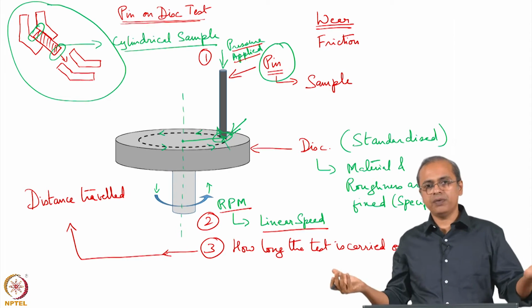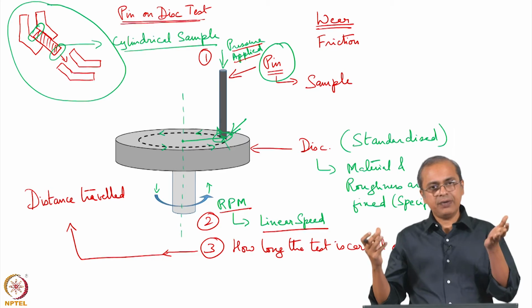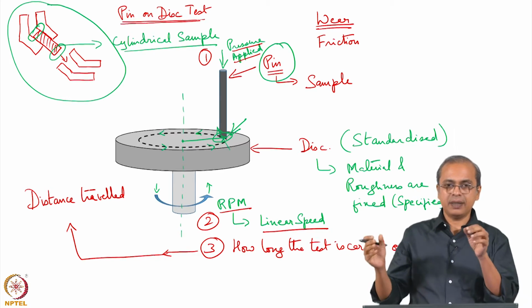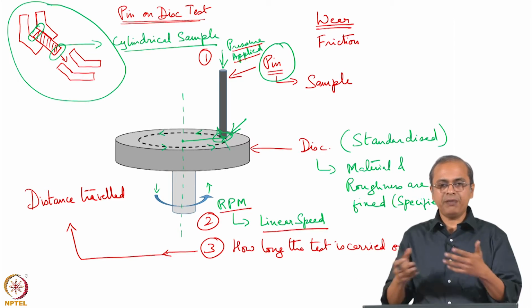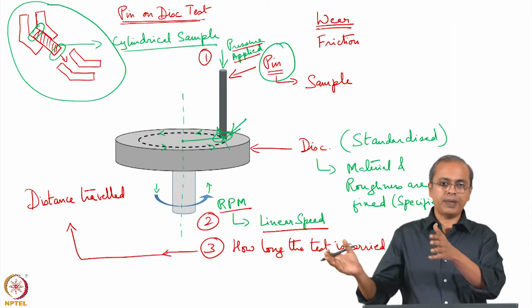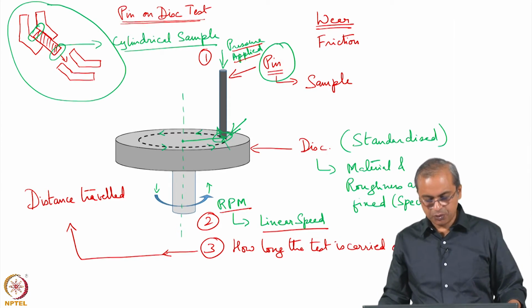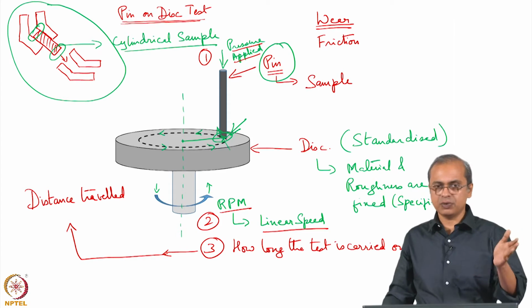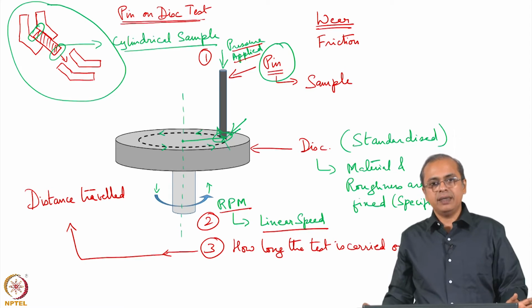So, if it is rotating at 100 rpm, then it has travelled 100 into 2 pi r distance per minute. And so, if you run the test for 10 minutes, you have basically done 1000 into 2 pi r. So, 2000 pi r is what you have done. If r is, let us say, some distance, you multiply this and you will get the answer, that is the distance the pin has travelled.